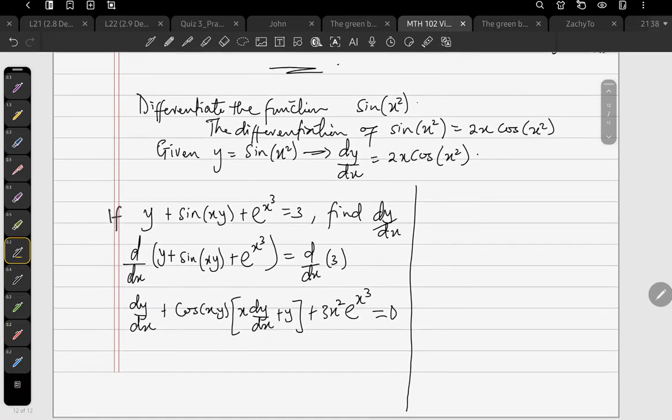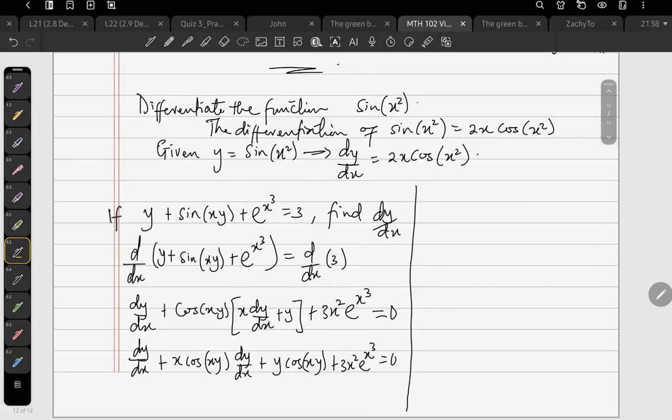It's very simple because we just need to isolate dy/dx and put every other thing on the other side. So here we have dy/dx plus x cos xy dy/dx plus y cos xy plus 3x squared exponential x cubed equals 0.